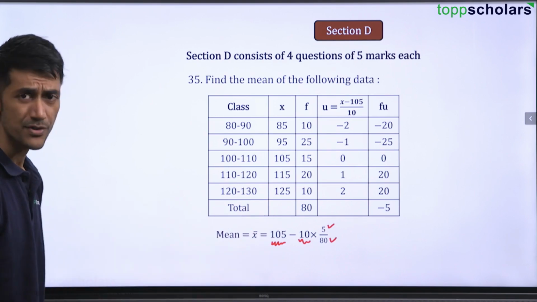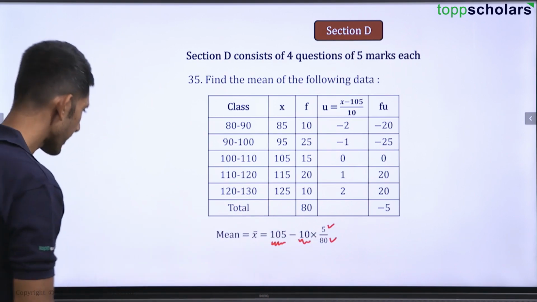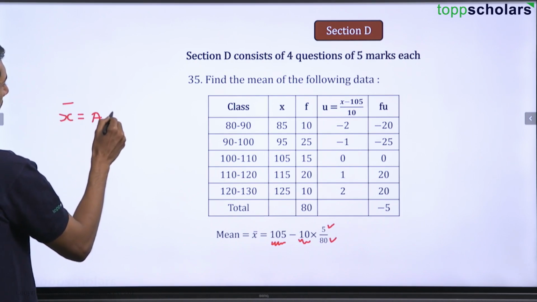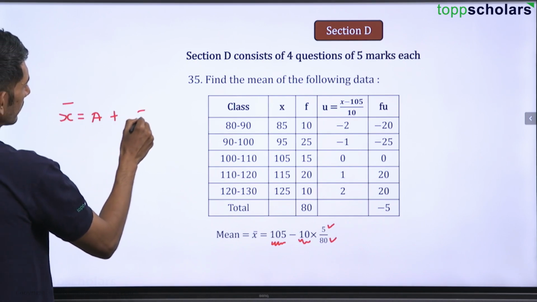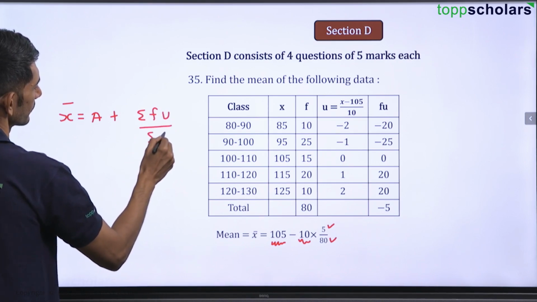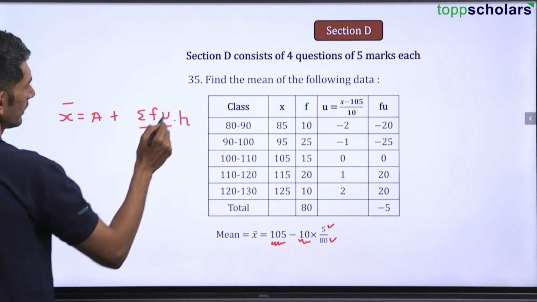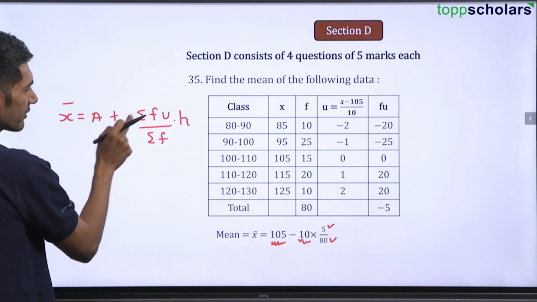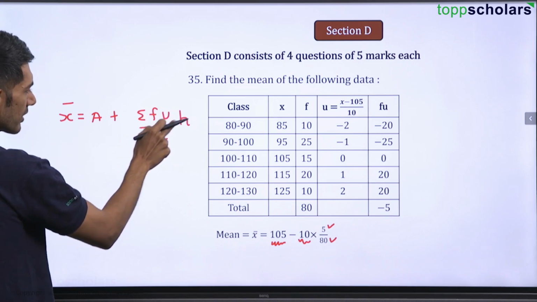Okay, let me write down the formula for you. Please note down the formula if you want. Mean x bar is equal to a plus summation fu by summation f into h.